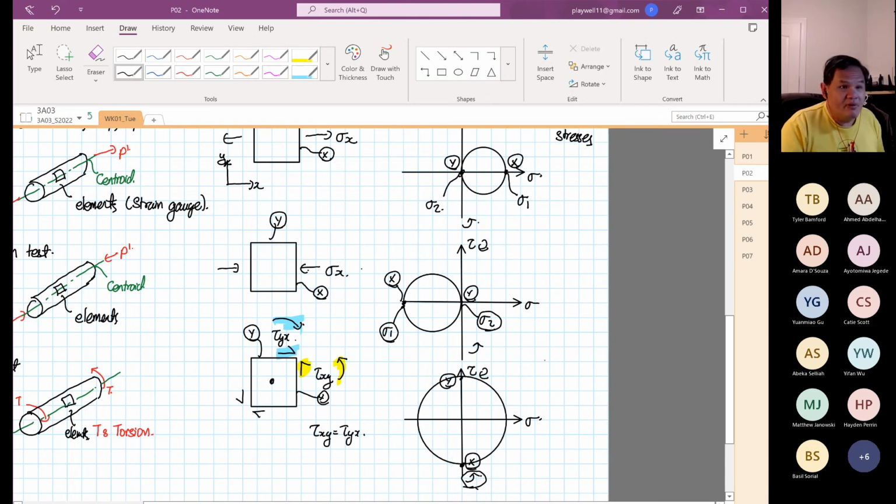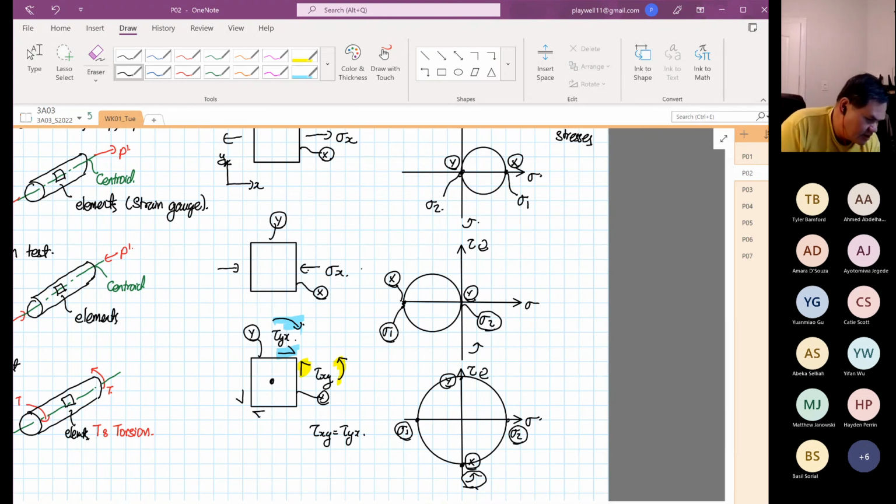So from your Mohr's circle, you can determine stress 1 and stress 2. I keep highlighting stress 1 and stress 2 for a certain reason. Later on, you will understand why.